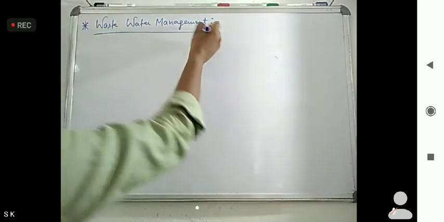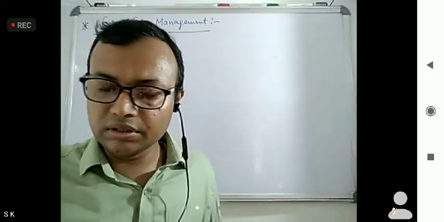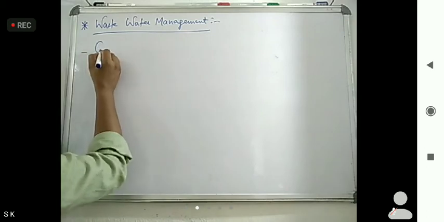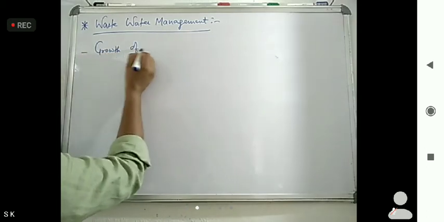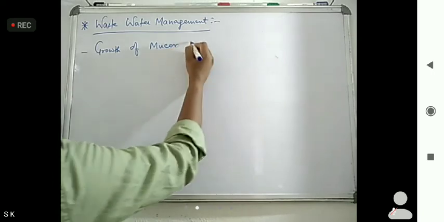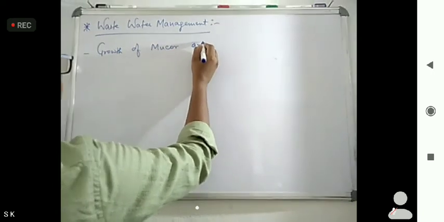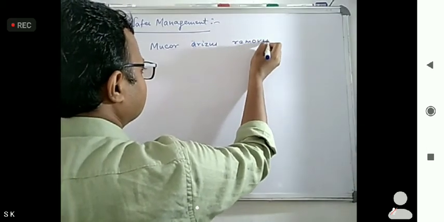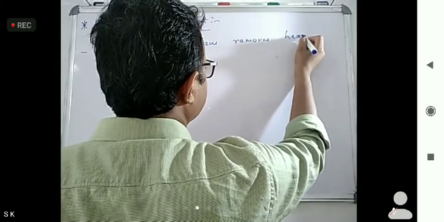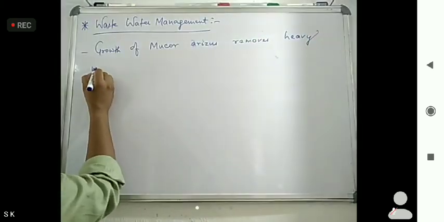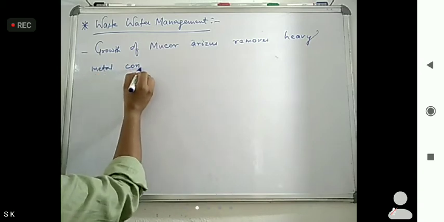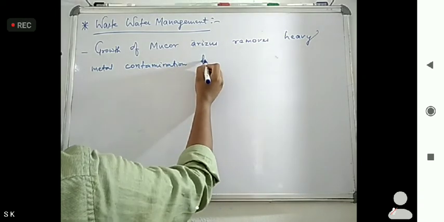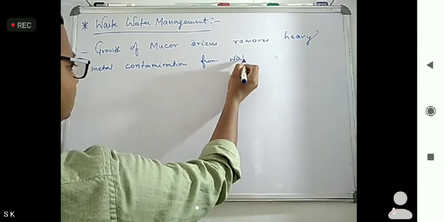Now, here what happened? Growth of Mucor arises. It removes heavy metal contamination from water.